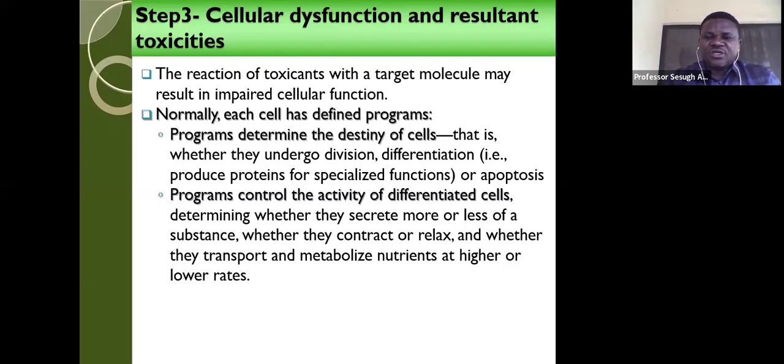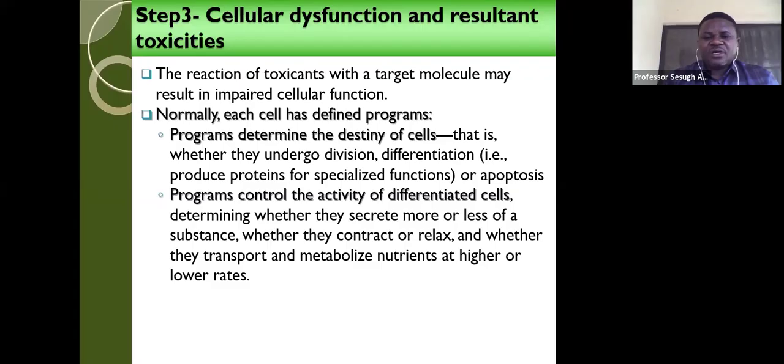So it will alter that process. Programs control the activity of differentiated cells, determining whether they secrete more or less of a substance, whether they contract or relax, and whether they transport and metabolize nutrients at a higher or lower rate. So that will be affected.